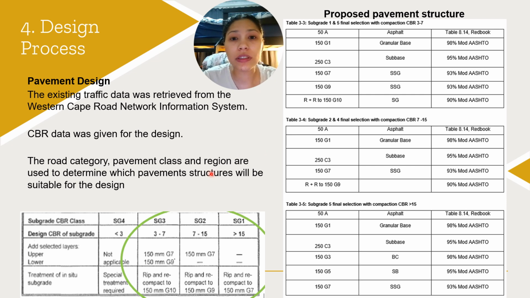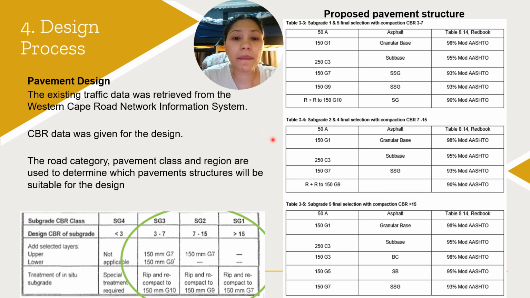Then, based on the road class category total EATs, I was then able to look at TRH4 and then get the pavement classes from there. So I found 3 possible options: a granular base, a hot mix asphalt base, and waterbound macadam base.